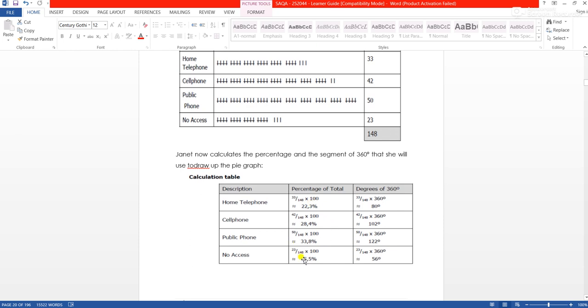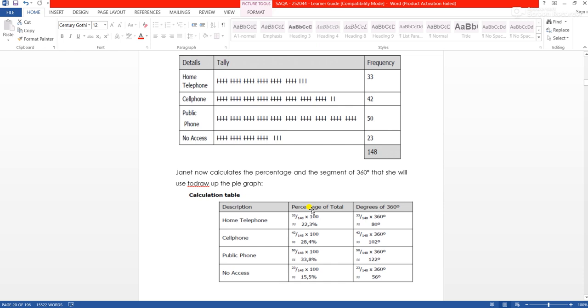We won't use these percentages on our pie chart, but the percentage gives us a better understanding of what share is based on the telephone. So we take the 33 within our frequency, divide it by the total and multiply by 100. That will give you a percentage for the home telephone. We use that same approach for cell phone, public phone, and no access.